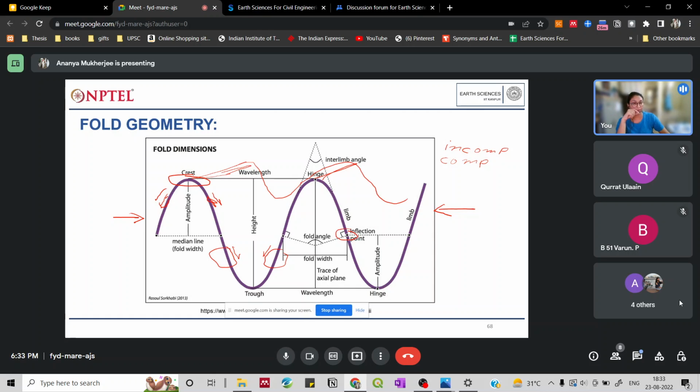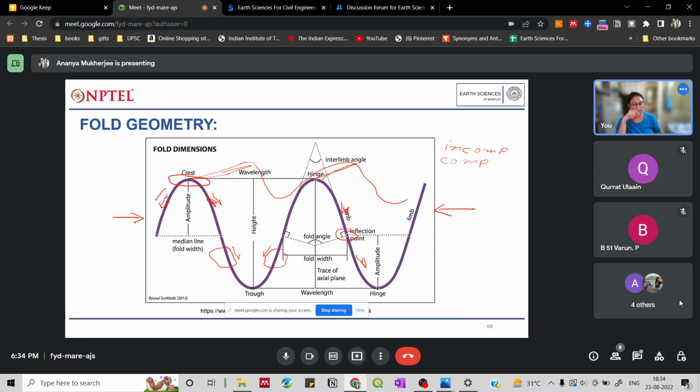Inflection point is a point on the limb from where the dips are changing. So over here you have away from the hinge, and now we see it is dipping towards the hinge of the fold. This is with respect to the hinge. The direction is the same, but the direction of the limbs dipping with respect to the hinge changes when we move from the crest to the trough.